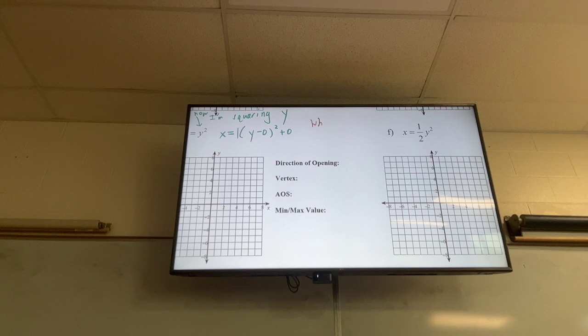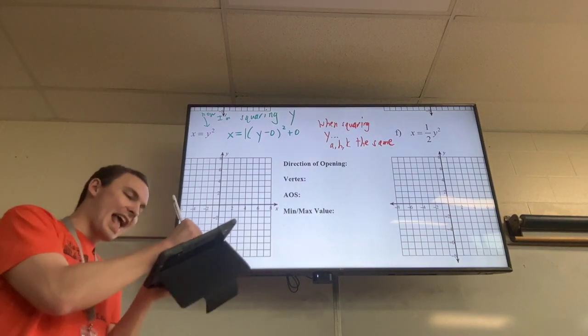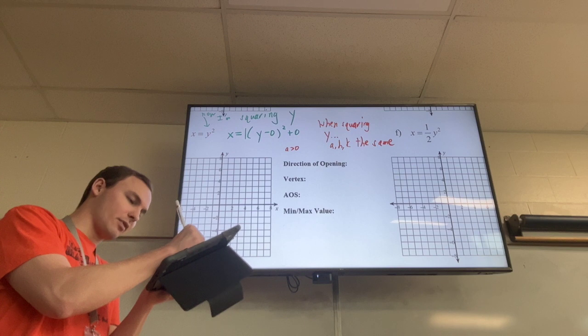When y is squared, a, h, and k are the same. They're still the same values that you write down. Stuff gets different, though. Direction of opening: when a is greater than 0, it opens to the right.